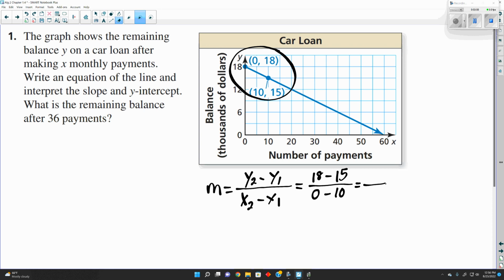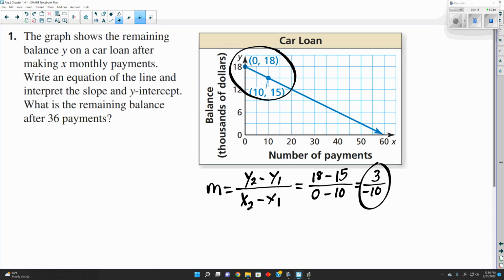Now 18 minus 15 is? Yes, it is 3. 18 minus 15 would be a positive 3. 0 minus 10 is? So that is our slope.